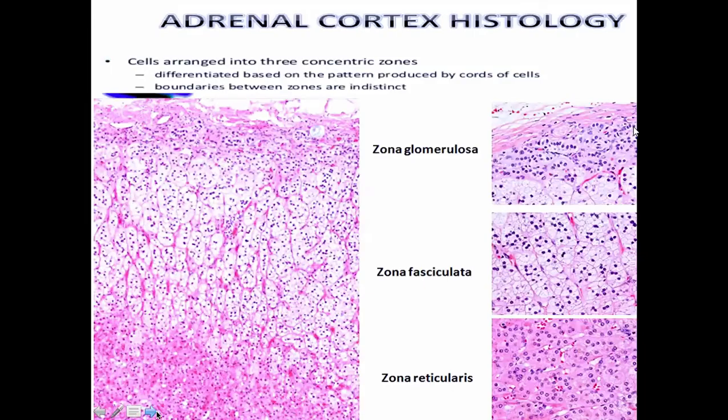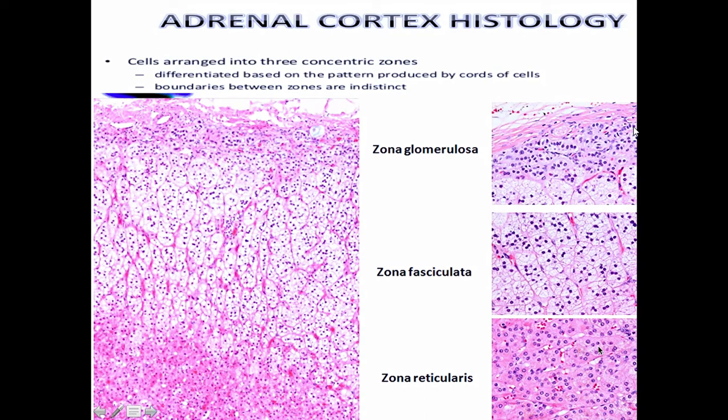Okay? So this is the actual histology of your adrenal cortex. So they are divided into three zones: the glomerulosa, fasciculata, and the reticularis. For the glomerulosa, based on the pattern, kaya tinawag silang glomerulosa. While fasciculata, fasciculate.